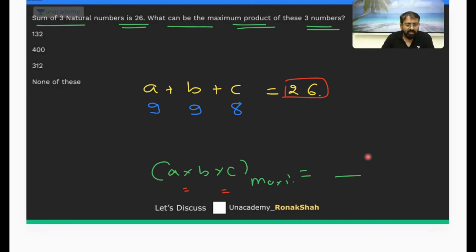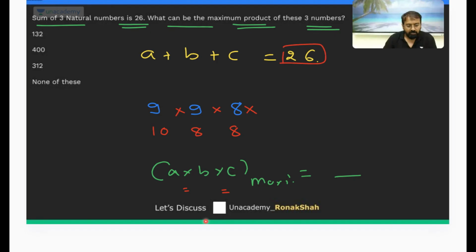There's no other way that we can do it. Acha, we can also do it this way, na, yaar. We can also make it 8, 8, 10 also, na? 10, 8, 8. Now, guys, what will be product over here? So 9, 9, 8. What will be the product?